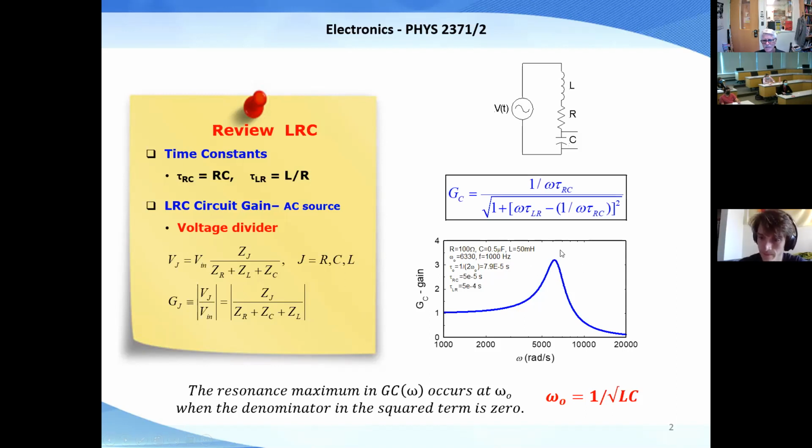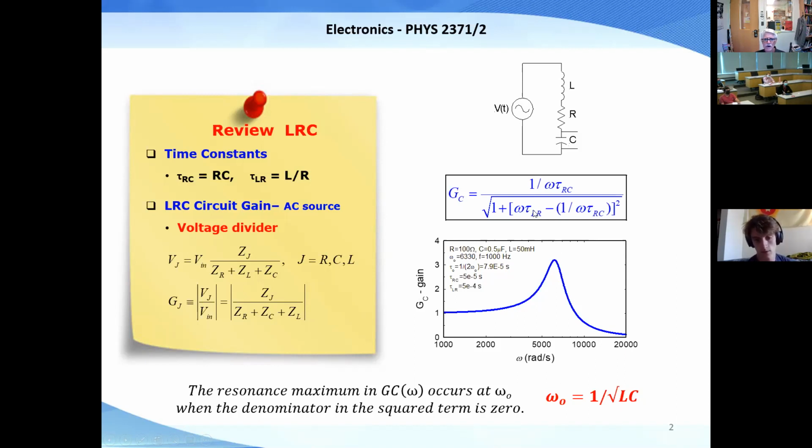So that's the issue of resonance. The resonance occurs at what we call omega 0, which is 1 over the square root of LC. The gain is a maximum roughly when this denominator is the smallest.